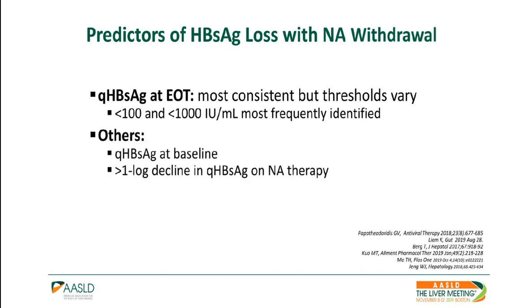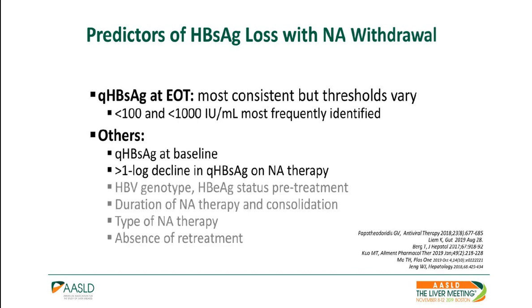In addition, the quantitative surface antigen at baseline and more than one log decrease of quantitative surface antigen early on treatment. It has to be stressed here that the duration of nucleoside analog therapy and the consolidation has been found not significant in multivariate analysis.